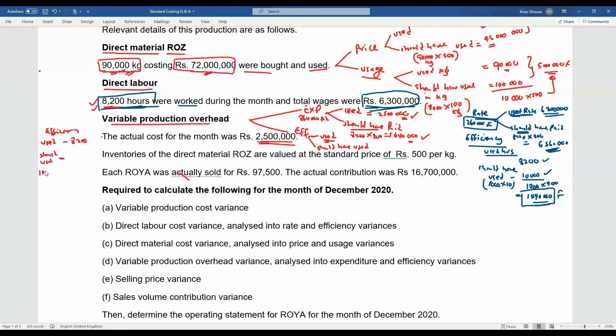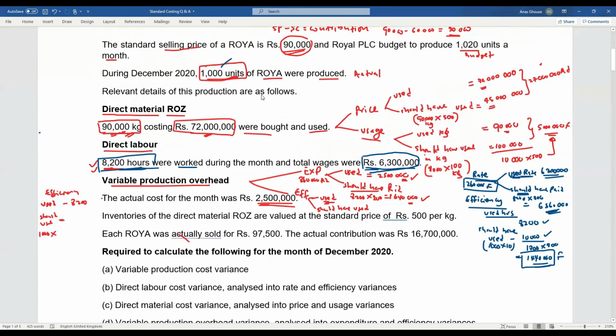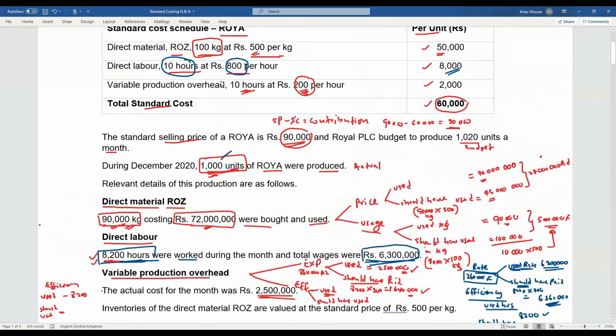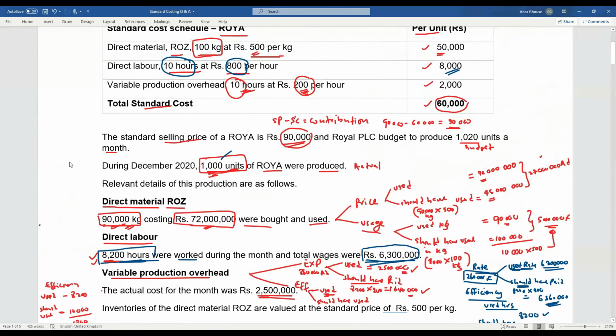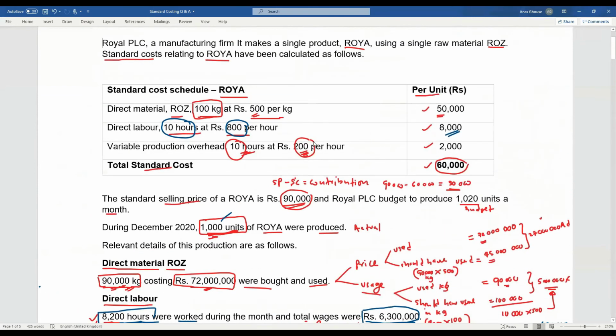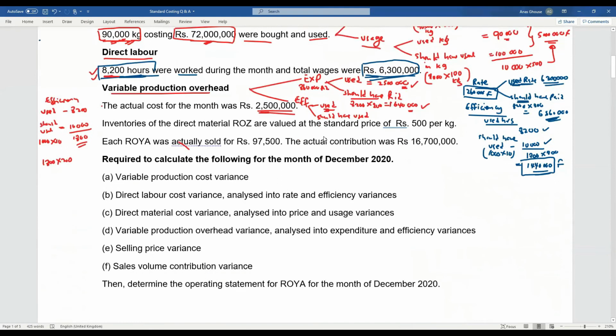Our actual production is 1,000 units. To produce 1,000 units, we need 10 variable production hours per unit, so 1,000 units times 10 is 10,000. The difference is 1,800 hours. So 1,800 hours times 200, which is our standard rate of 200 per hour. So that will be how much?